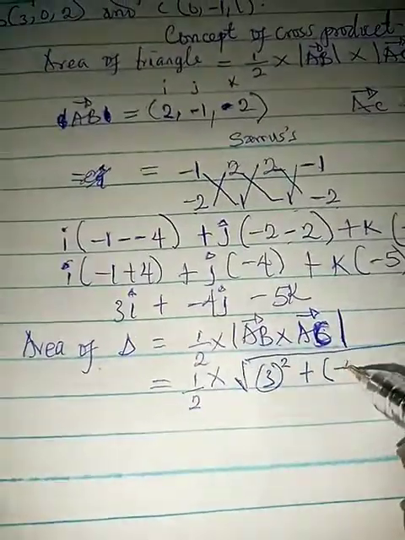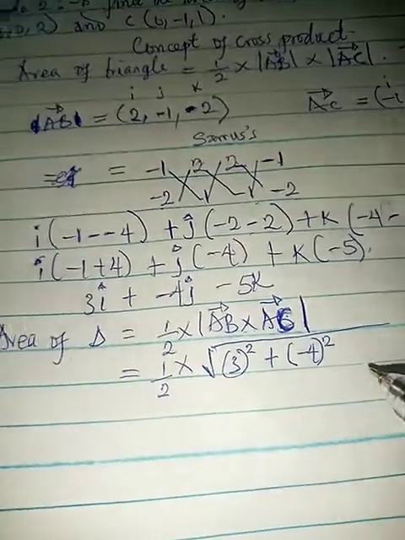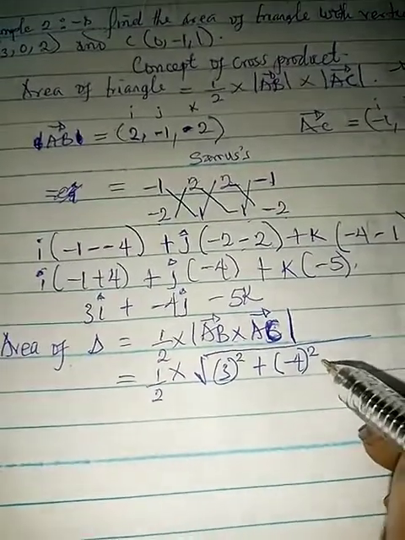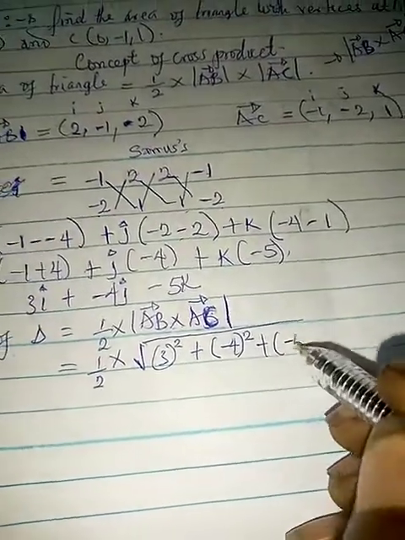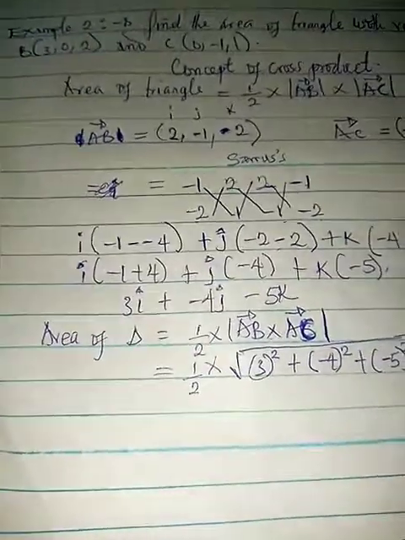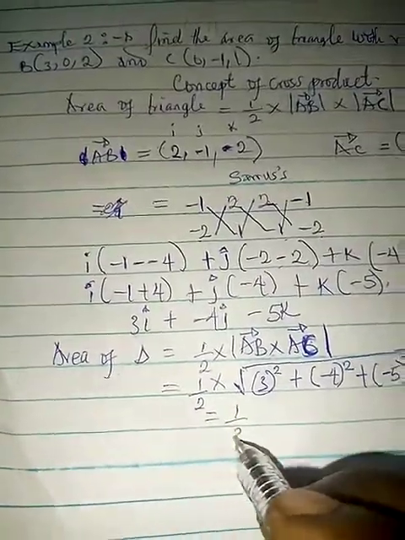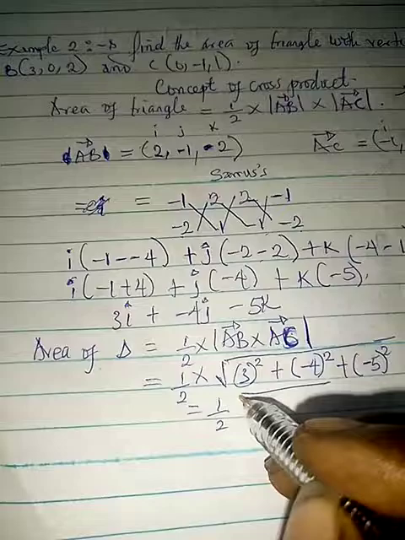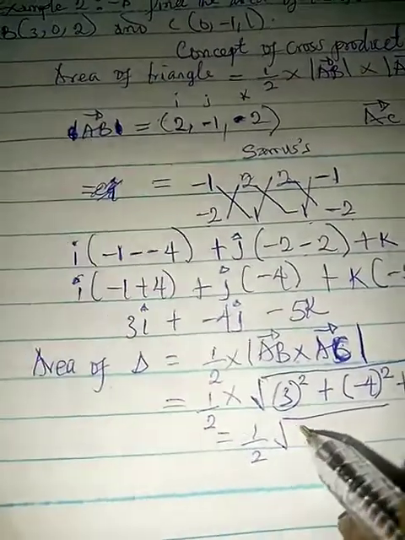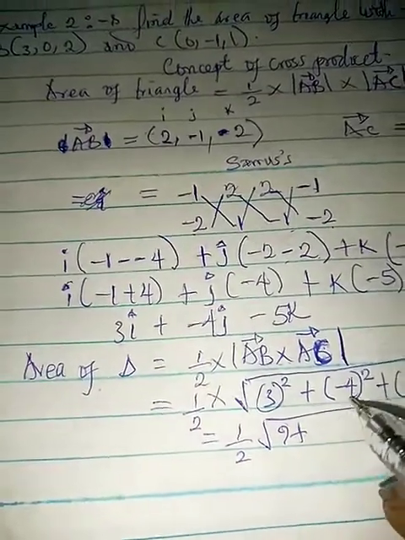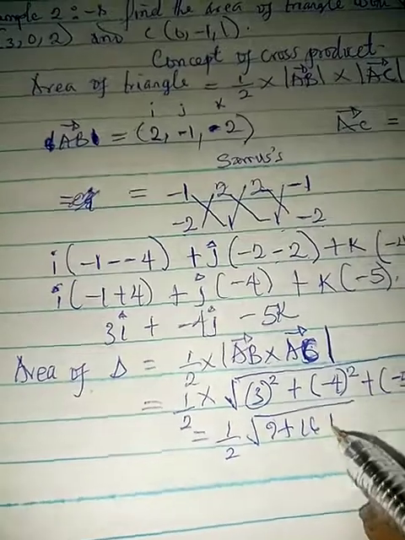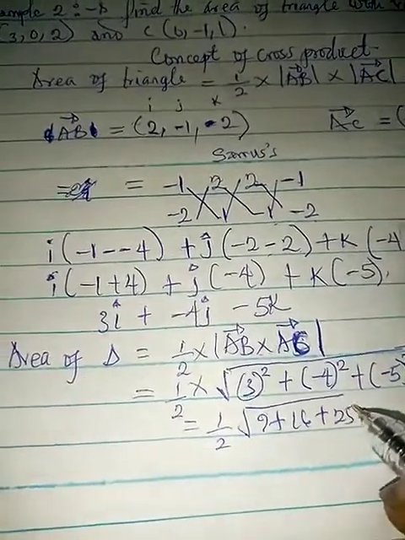Minus 4 square. Please take note of that. Then plus, what is the next value? Minus 5 square. So this one will now be 1/2 root of 3 times 3, that is 9, plus minus 4 times minus 4, that is 16, plus minus 5 times minus 5, that is 25.